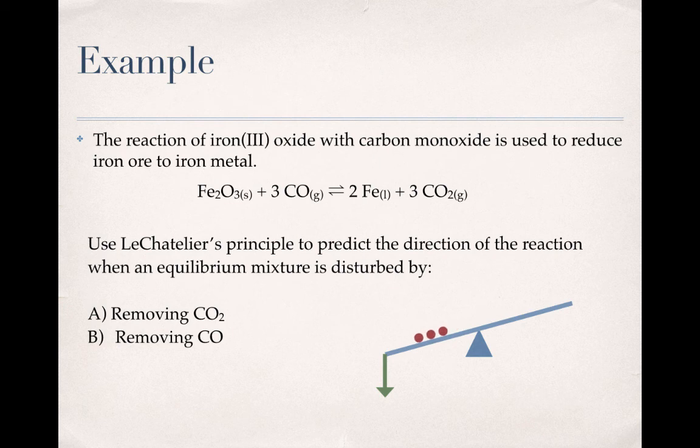So again, when we remove something, the reaction wants to shift in a direction that will replace it. So by removing a reactant, we're going to have a slower forward reaction, and the reverse reaction is going to be faster now, and it's going to try to replace what was removed from that reaction. So here the reaction would shift to the left or shift towards the reactants.